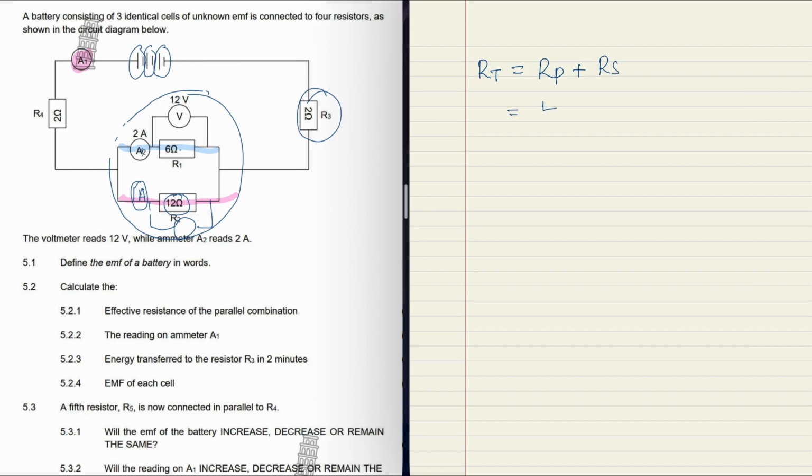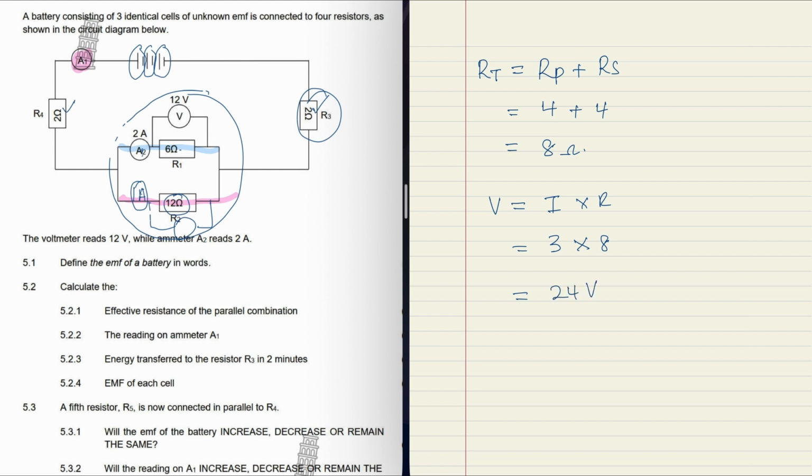In parallel, it was 4, plus series is 2 and 2, so that's 4. So my total resistance is 8 ohms. Now I can calculate the total voltage. So V is equal to I times R. The total current was 3. The total resistance is 8, and that gives us 24 volts.